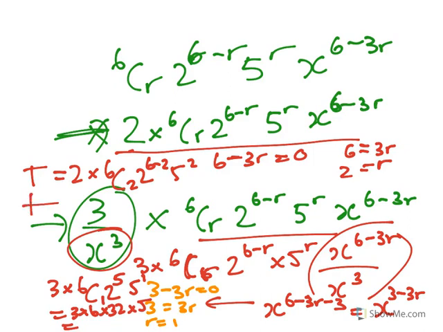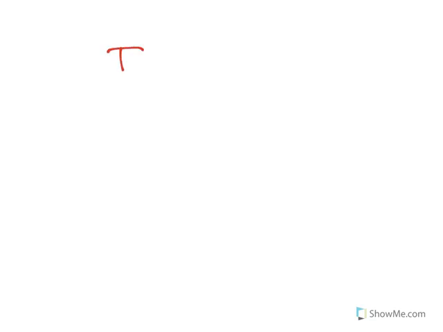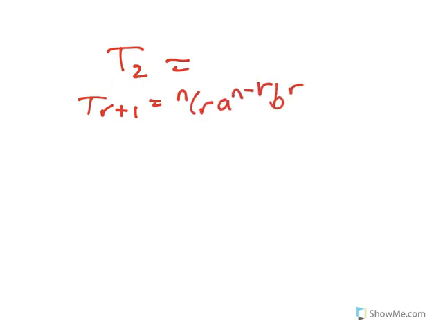So what I would then do is add both of these together, because there are two different terms that will turn out to be independent of x. One will be when r is 2, which will be the third term, and one will be when r is 1, which will be the second term. The formula is T(r+1) equals nCr a to the n minus r b to the r.